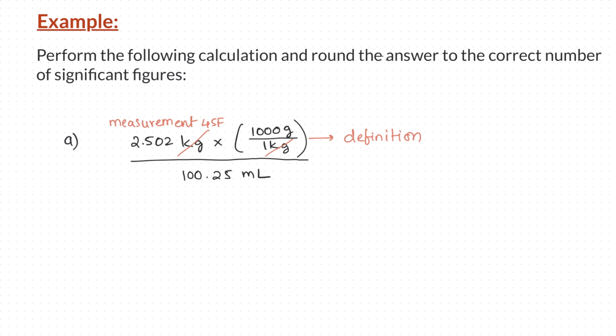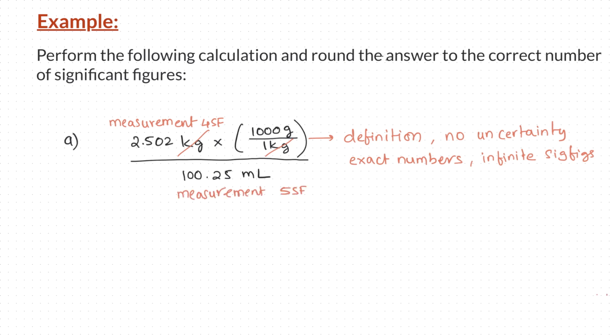That is, there are 1000 grams in 1 kilogram, and there is no uncertainty associated with these numbers. Therefore, we can say that these two numbers are exact numbers with infinite number of significant figures. So, they won't limit the number of significant figures in a calculation. In the denominator, we have 100.25 milliliter, which is a measurement with 5 significant figures.